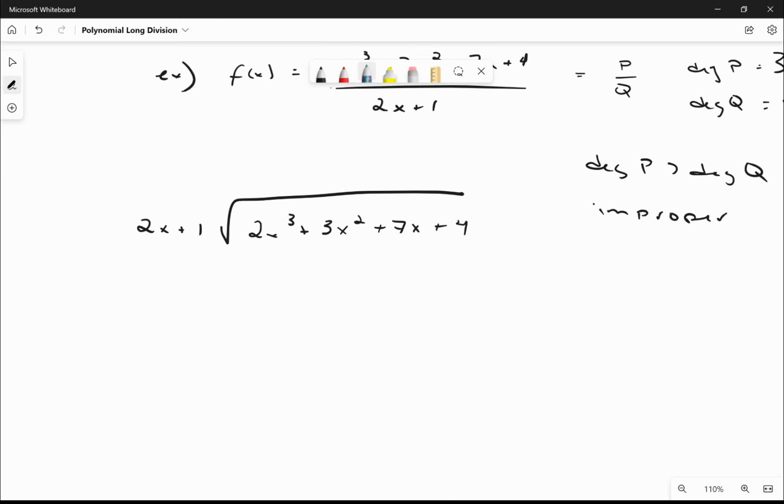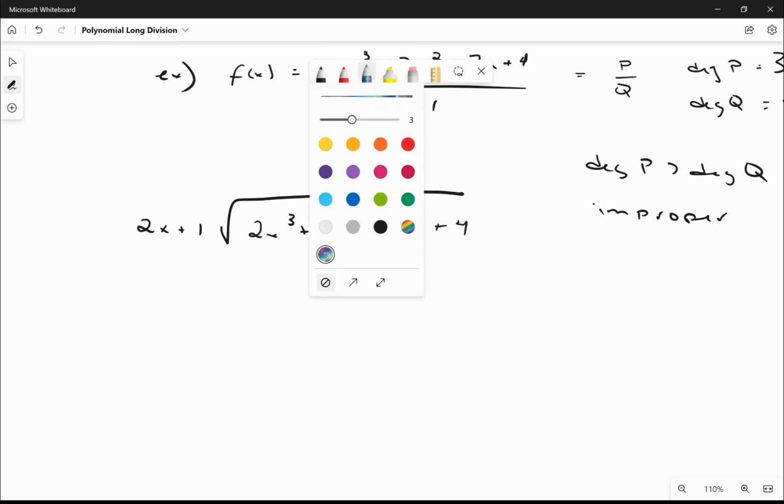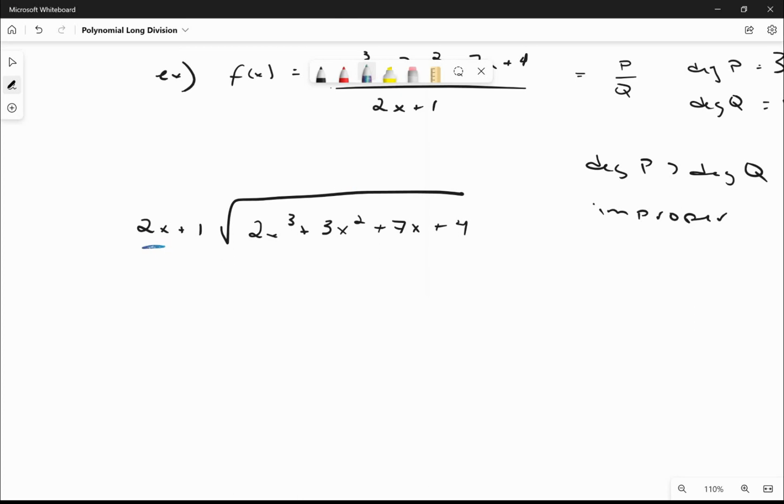So what we do is we start by looking at the leading term of the divisor and the leading term of the dividend, and we ask how many times does 2x go into 2x cubed? So 2x times x squared gives you 2x cubed, so it goes in x squared times.